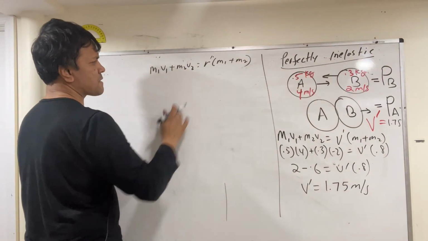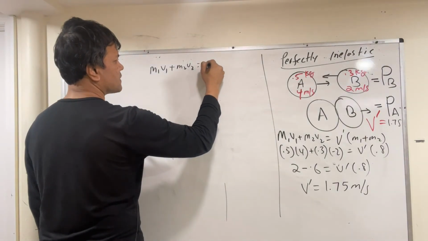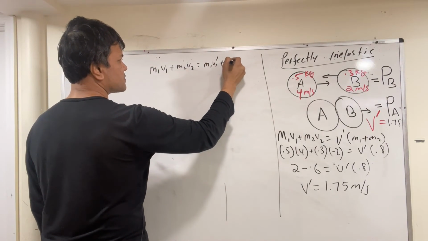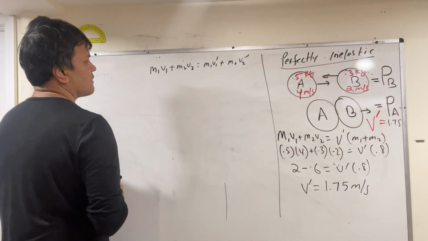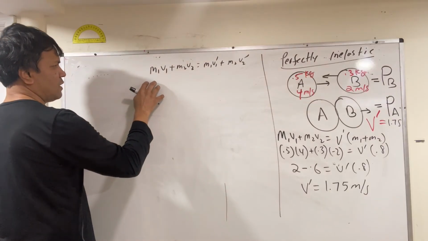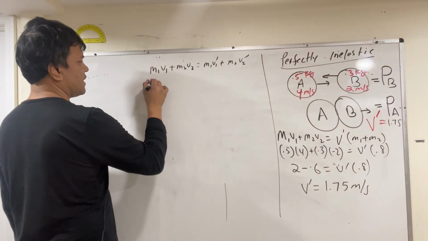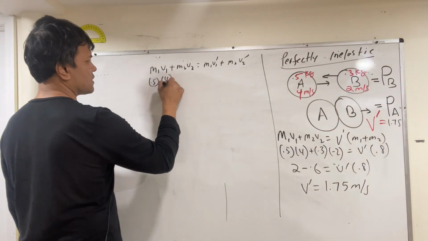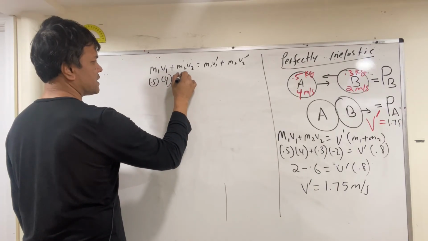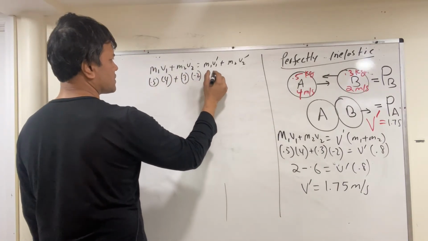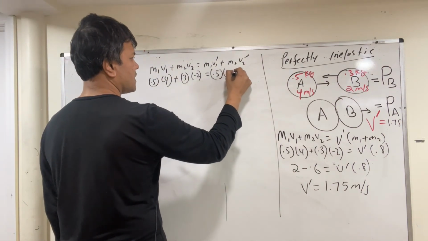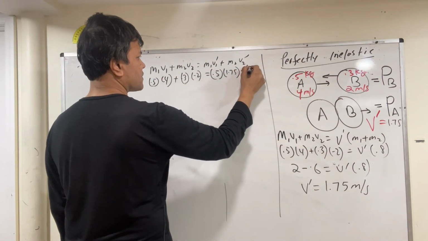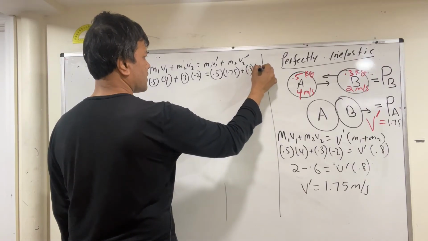Or you can directly write m1 v1 prime plus m2 v2 prime, it doesn't really matter. 0.5 times 4 plus 0.3 times negative 2 is equal to 0.5 times 1.75 plus 0.3 times 1.75.